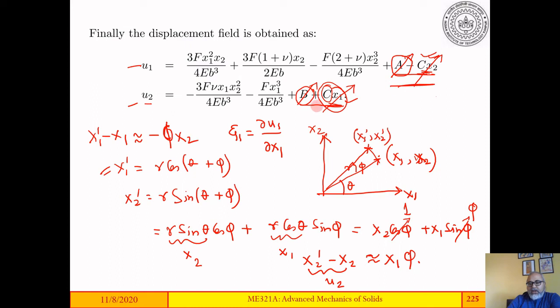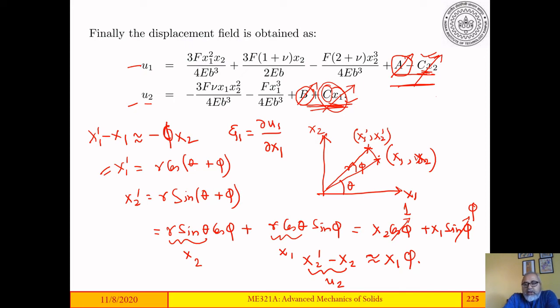So these terms have no bearing on the strains. The strains come from this, but the displacements are arbitrary up to an arbitrary translation in the x direction, an arbitrary translation in the y direction, and an arbitrarily small rotation about the origin.